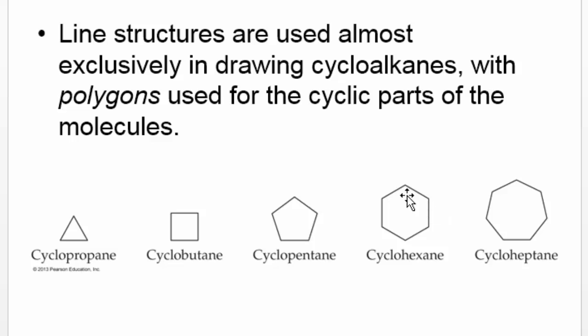So now you can number and give the alphabetical priority in numbering. The B in bromo is before C. So you put number 1 here, 1, 2, and continue to 6. Then you can name this as follows: 1-bromo-2-chlorocyclohexane.